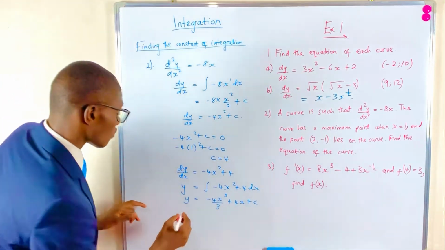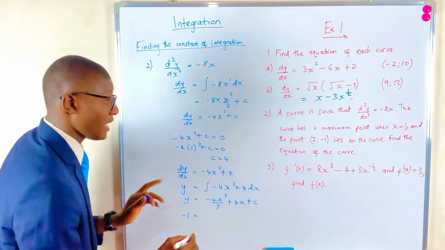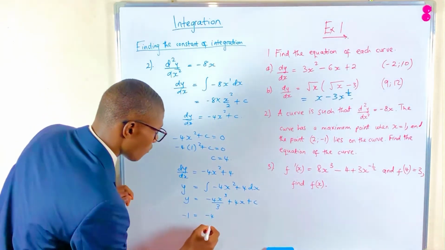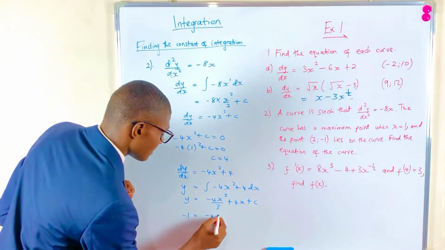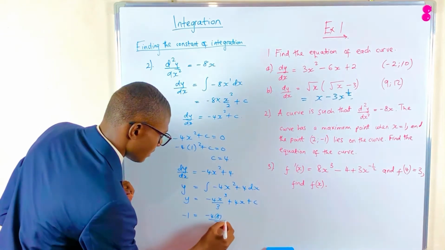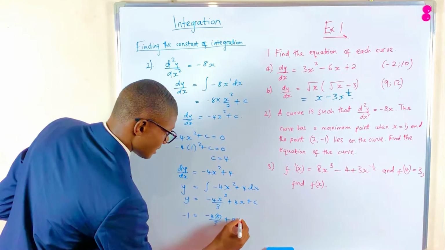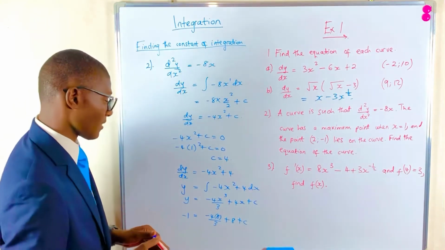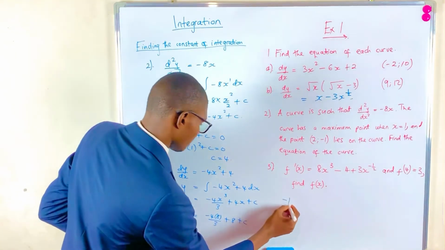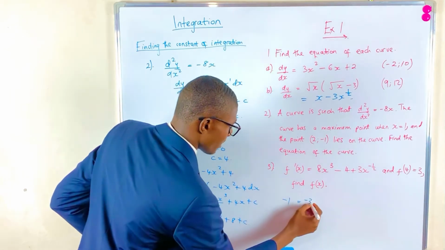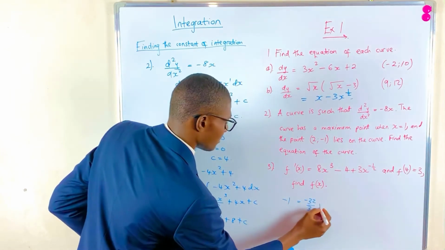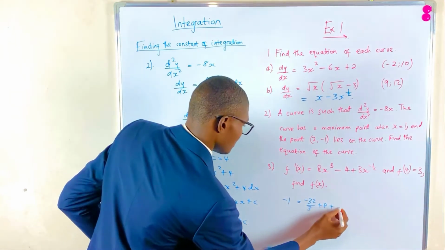So we are saying that y is minus 1 when x is equal to 2. So minus 4 times 2 to the power of 3, that's 8 over 3, plus 4 times x, that's 4 times 2, which is 8, then plus c, such that minus 1 is equal to minus 32 over 3 plus 8 plus c.